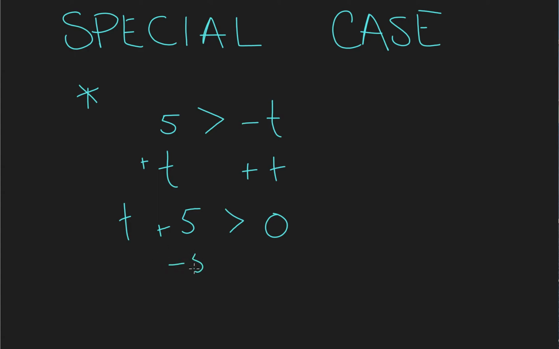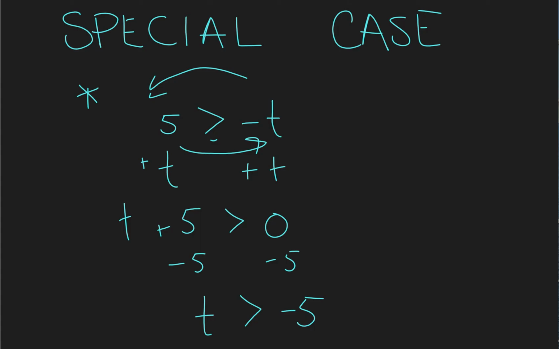And then we would subtract the 5, leaving me with t is greater than negative 5. Now, if you look at this, the inequality pointing to the variable, it flips. So we've moved that t to the left side, we've moved the number to the right side. So basically that's what we did. But in doing that, this inequality sign actually flips.